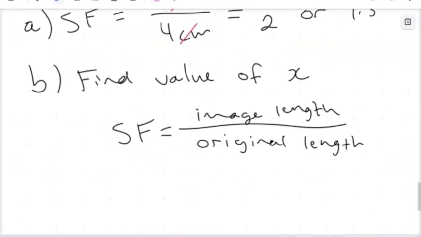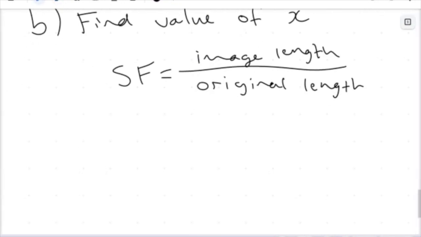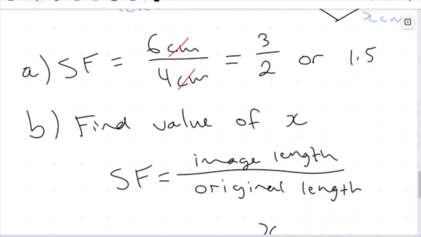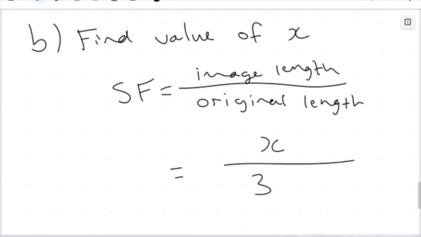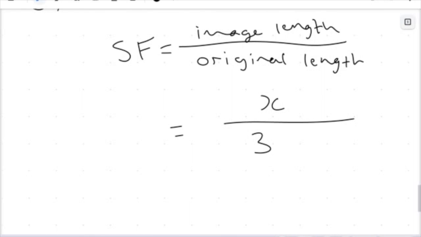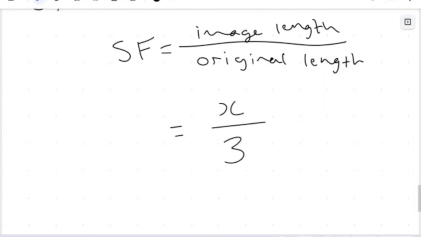So I know that my image length is the unknown here. So I'm going to put my x where the image length lies. And my original length here is 3 centimeters. I'm going to put that here. Now, I haven't put in the centimeters yet because I know they're going to cancel out anyway, so I'm just doing this to save time.